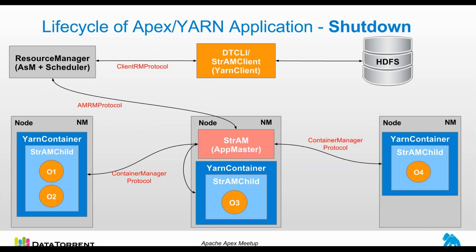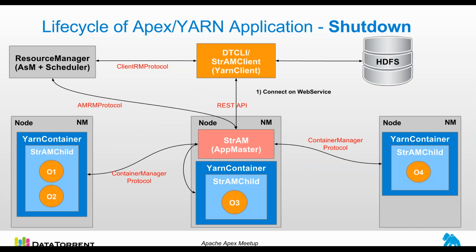Next, let's see how a graceful shutdown of an Apex application happens. Now, the Apex application is running as it is. As I said previously, StrAM has a web service that is hosted. So, when DTCLI wants to shut down an application, DTCLI connects to this StrAM over the web service.